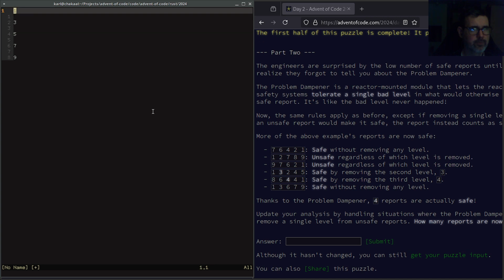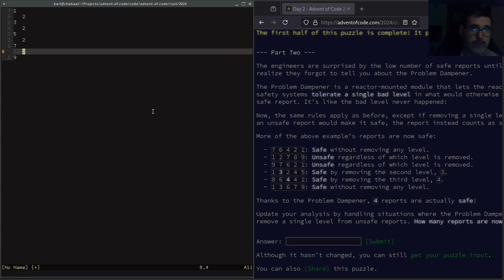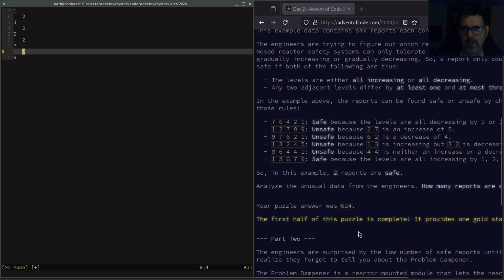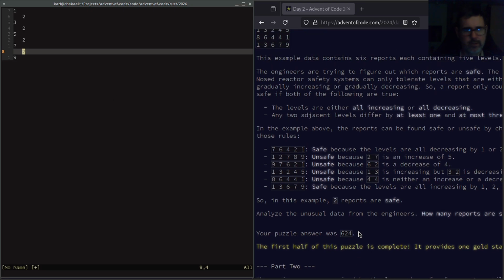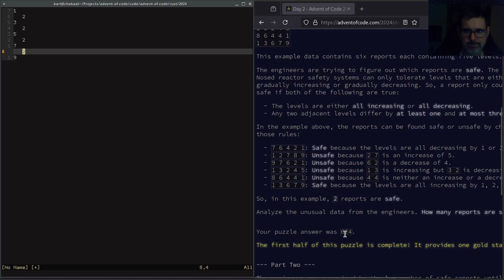Any number of numbers where the differences between the two are, like the difference between all of these right now is 2. So the magnitude of these differences has to be between 1 and 3, and they all have to be the same sign. So either all increasing or decreasing. After sorting out some stupid logic errors that I had yesterday, we got part 1 done.